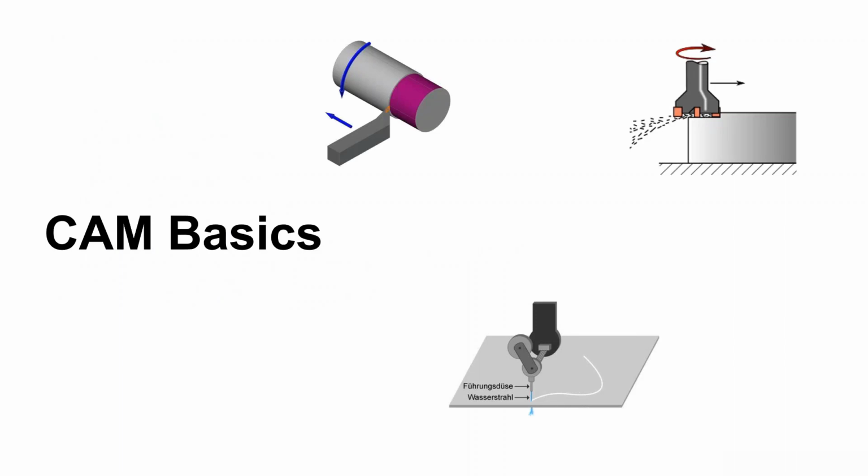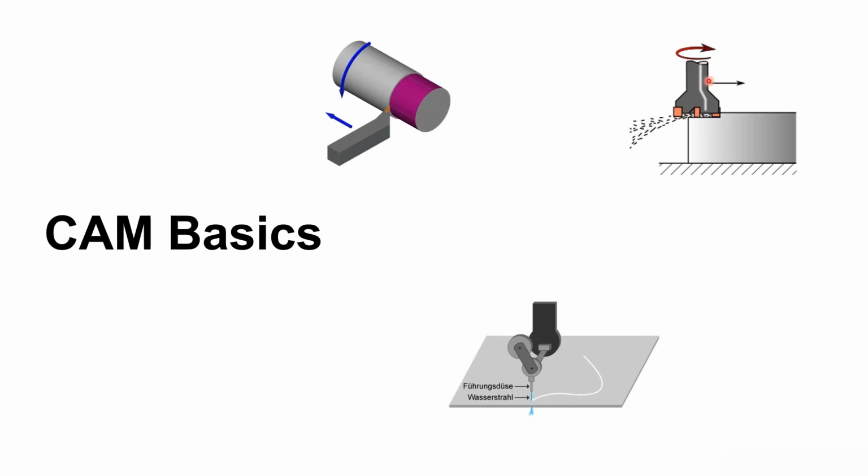When we talk about CAM basics, we can divide manufacturing or subtractive machining into different groups. With the HSM package, we divide it into 3 different groups: turning, milling, and cutting. When we talk about turning, the part is rotating and the tool is almost standing still.